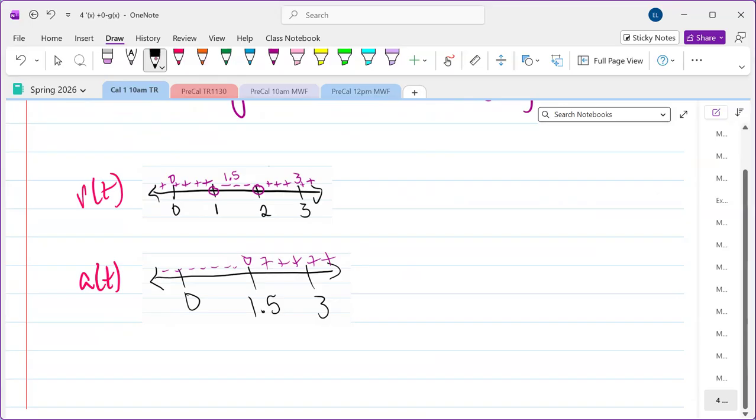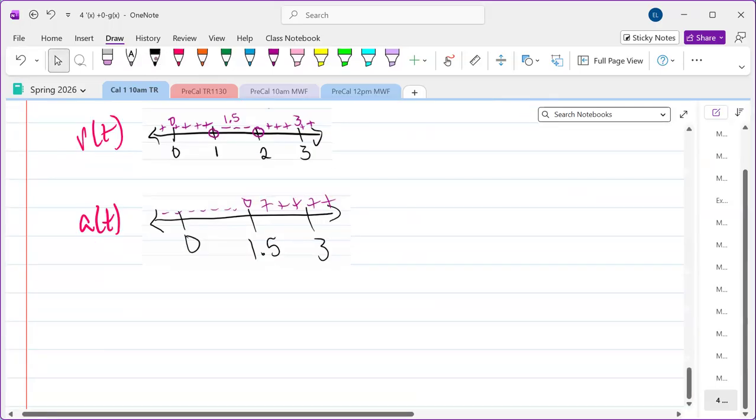So to answer about speeding up and slowing down, we've got to collect the data from both number lines.